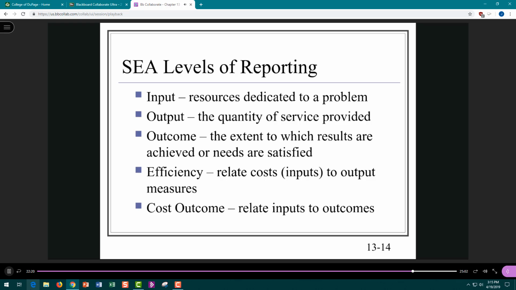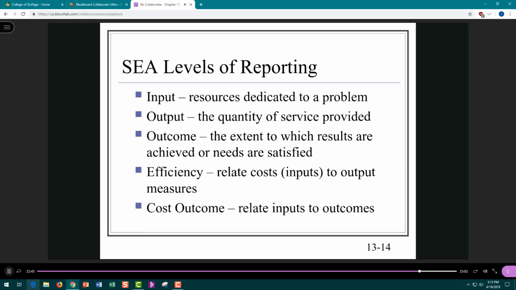Now, you can take some of these numbers and put them into a ratio just like you constructed financial ratios. And they can also lend some insights. An efficiency measure is a ratio of costs or inputs to output measures. So you take a couple of the items that we just talked about and compare them.